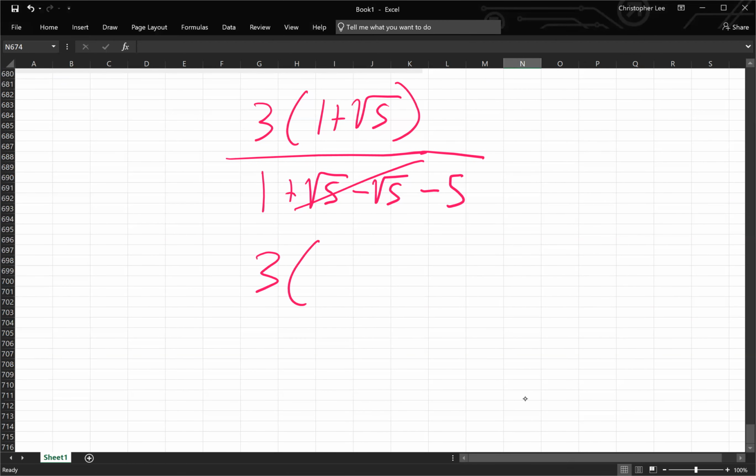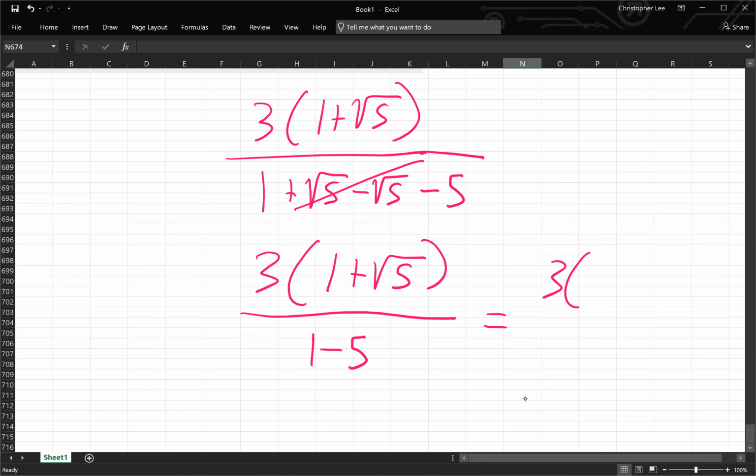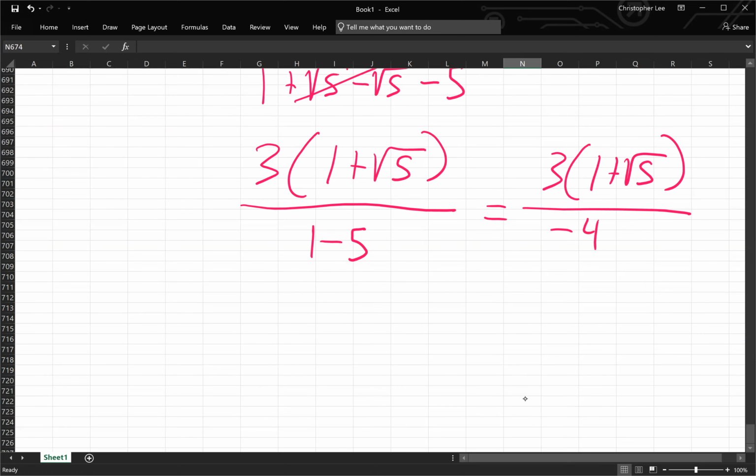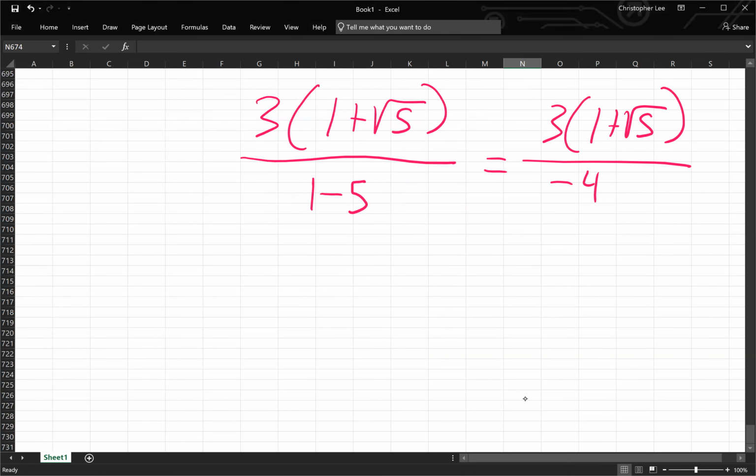I have 3 times 1 plus square root of 5 over 1 minus 5. What's 1 minus 5? -4, right? So what does this become? This becomes 3 times 1 plus square root of 5 over -4. Reduces down to what? I would take this as an answer, to be honest.